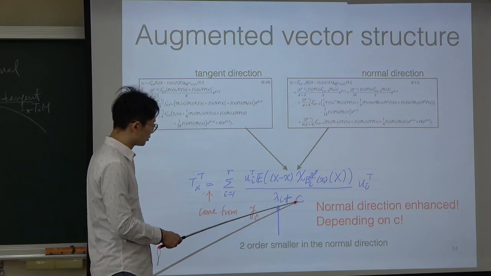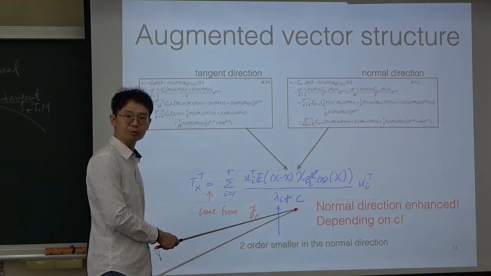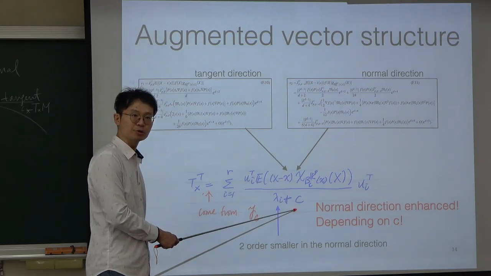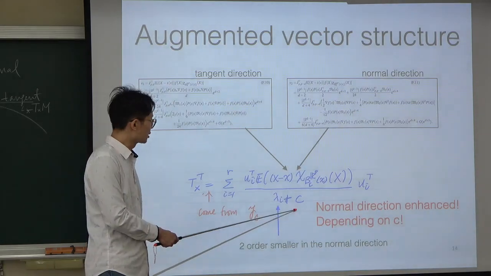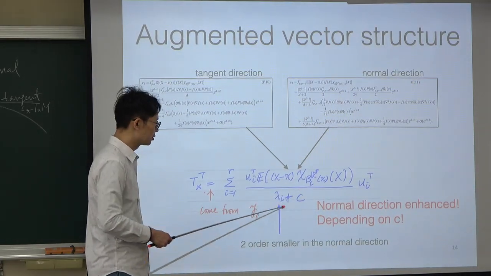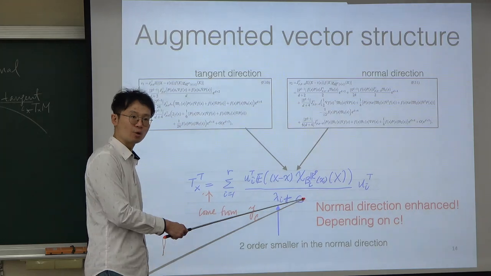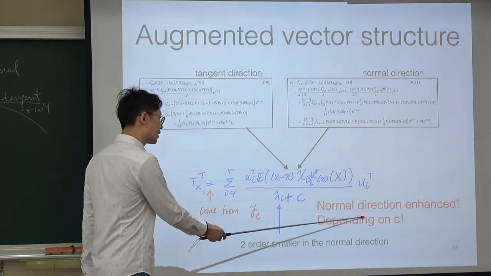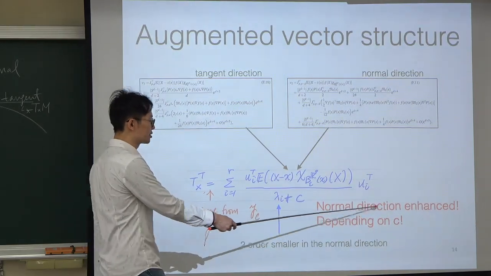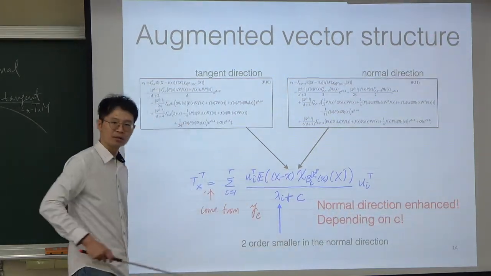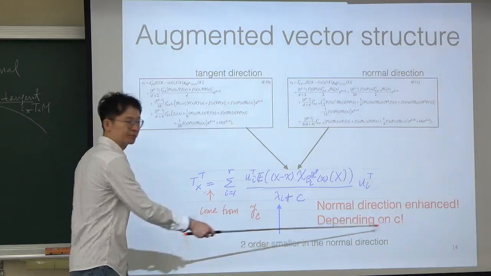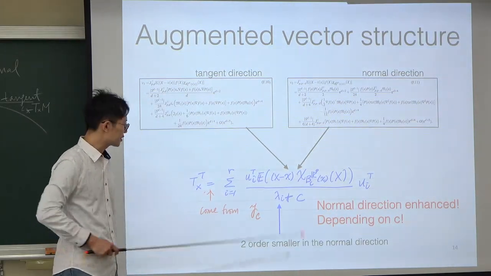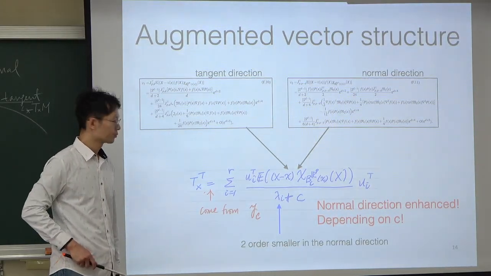So you can see, oh, then how do you choose c? Depending on how you choose c, the ratio may have different quantities, may have different impacts. So the normal direction might be enhanced if you do not choose c properly. That is what it tells you.